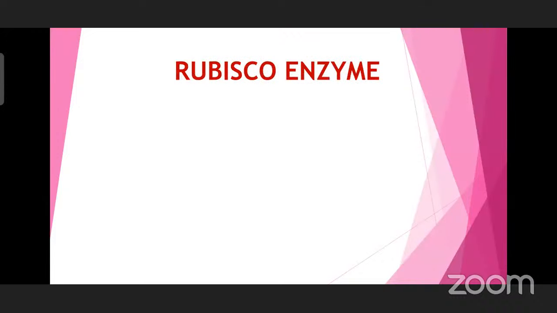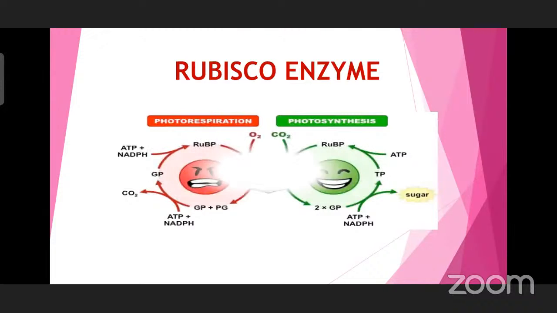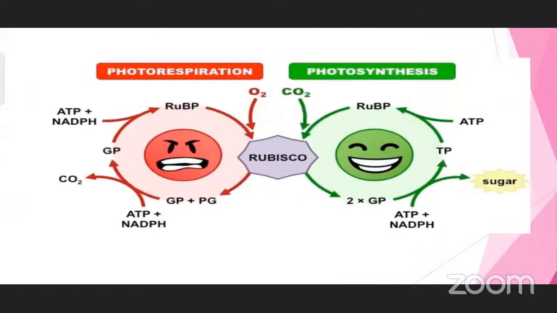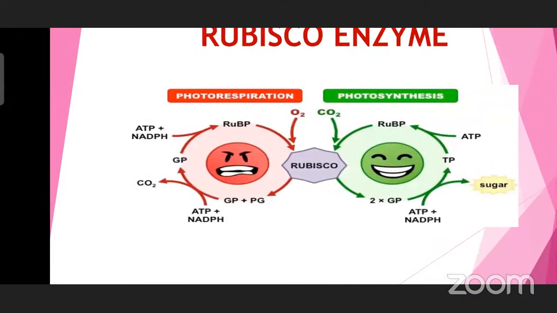From the NEET point of view also, some of the important questions will be asked from this topic only, so listen carefully. One more time, you can see the nature of the Rubisco enzyme, well described in this picture. RuBP combines with carbon dioxide in the presence of Rubisco carboxylase, forming 2 molecules of phosphoglyceric acid.